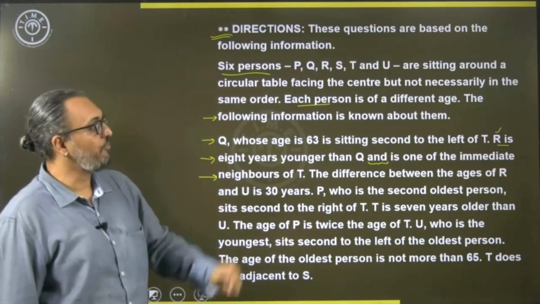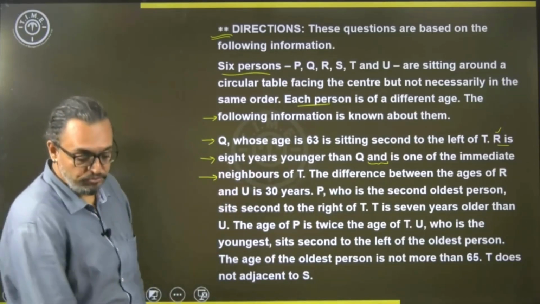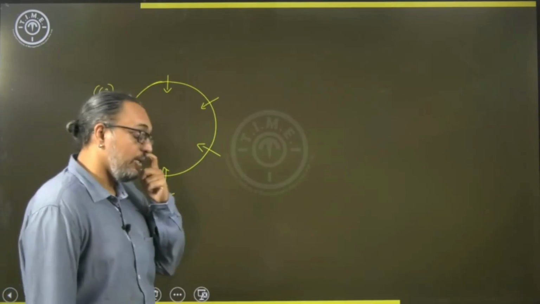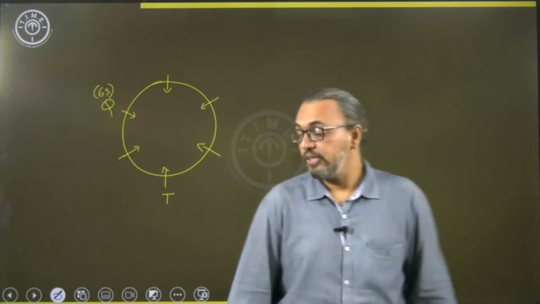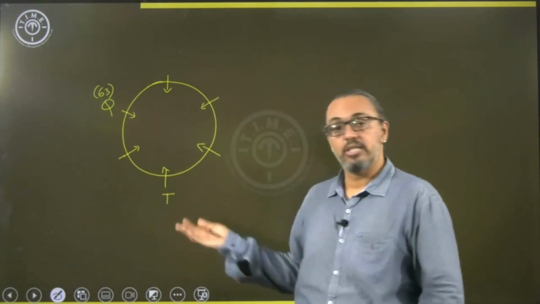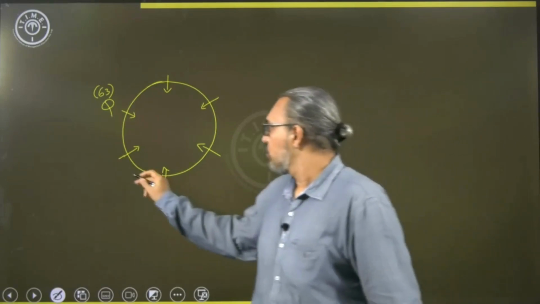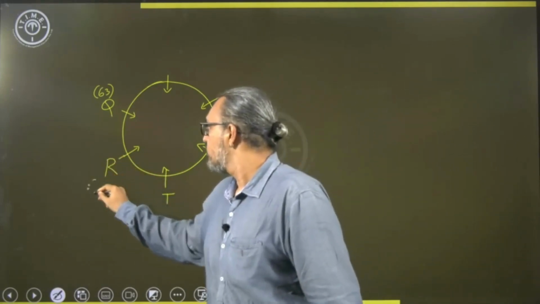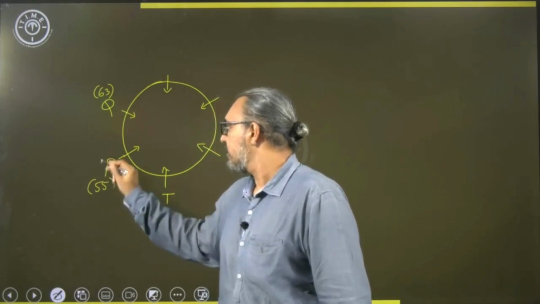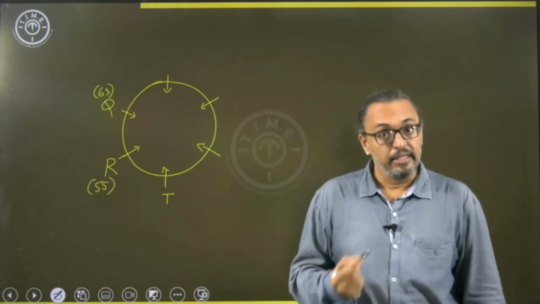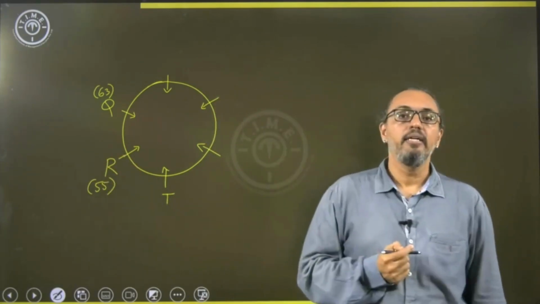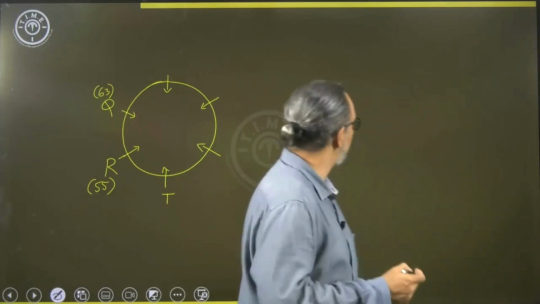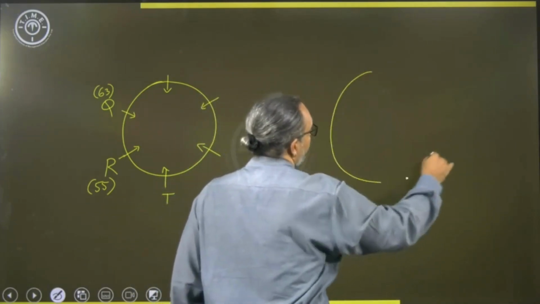So, R's age is 55 and is one of the immediate neighbors of T. So, both immediate positions are available. I will take both cases. One, I will put R here, whose age is 55. Then, in the other case, I can have R on the right side of T also.